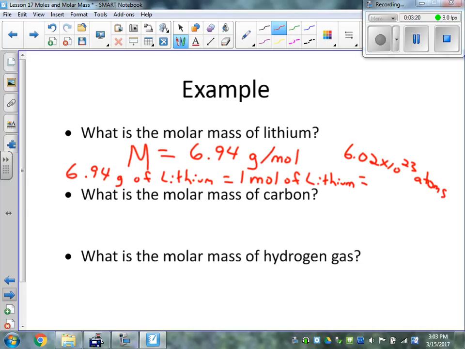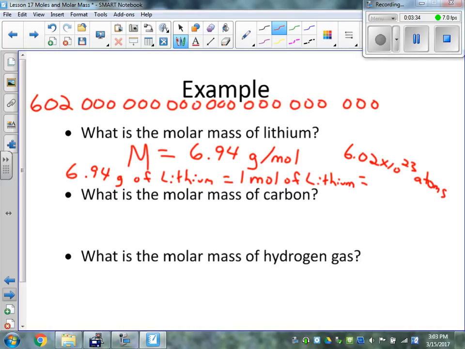Let me reverse it for you for a second. If I took 6.02 times 10 to the 23. Is that number there? Yes? It's a huge number, I think, right? 3, 6, 9, 12, 15, 18, yeah, 21. So that's that number there. If I count it out, and this is your punishment if you're not going to do homework from now on, you're going to count out lithium atoms for me.